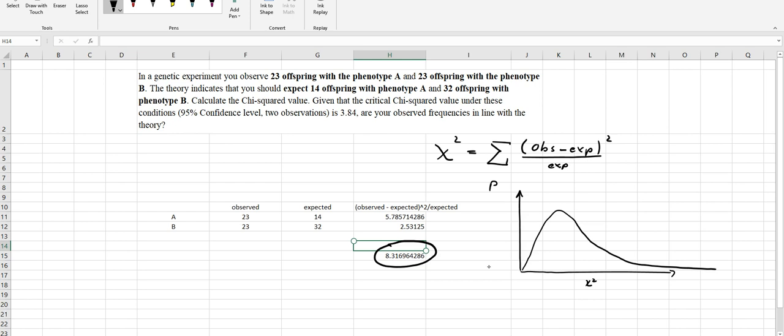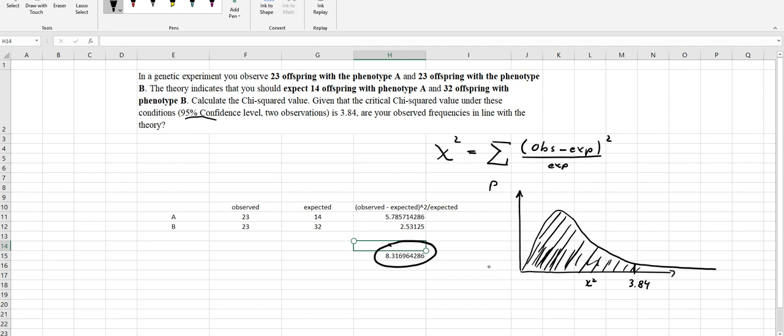What we do know is that for our 95% confidence interval, with these two observations, at a chi-squared value of 3.84, which is one of our given values, 95% of our data are in this area here.